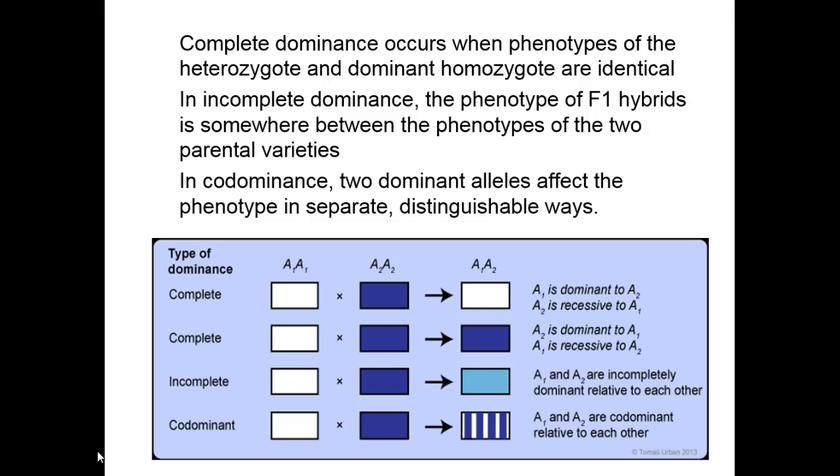This is of the F1, but you still have two alleles, so it's not blending those. And then you have codominance, where two dominant alleles affect the phenotype in separate, distinguishable ways. The graphic that I have here makes it very simple, but with codominance you can have a mixture or a variety of the two dominant alleles.